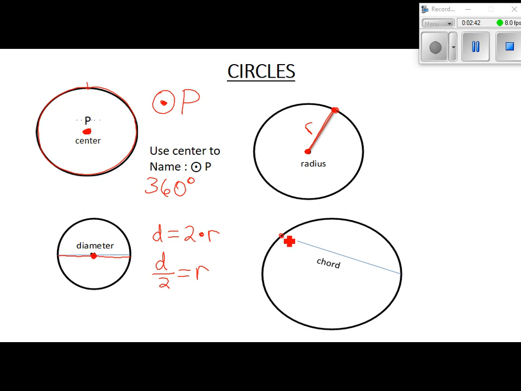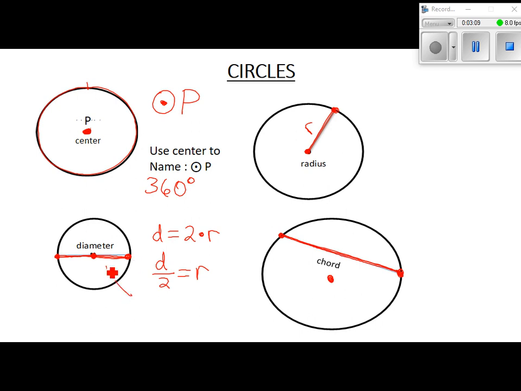If you go from one side of a circle to the other side, and the 2 endpoints of a segment are on the circle, that's called a chord. And I sort of said it wrong earlier, because when I go from this point to this point, that diameter is also a chord.